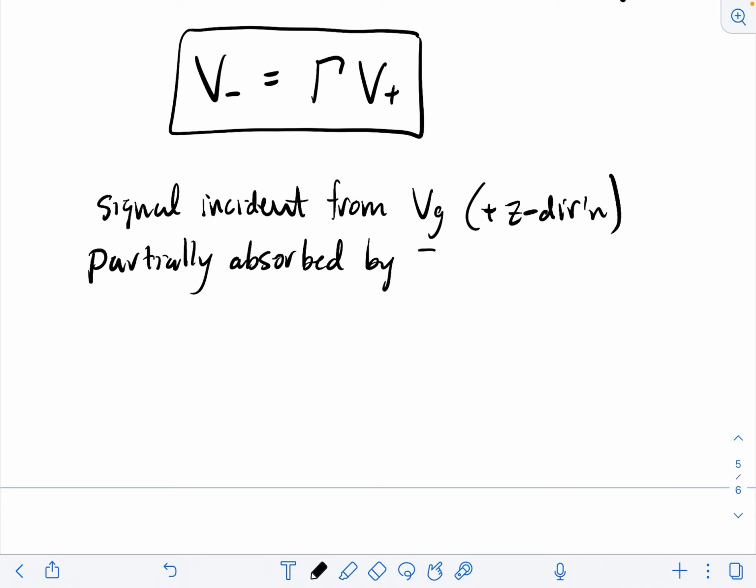So some of the signal is going to be absorbed and some of it is partially reflected, and that reflected signal is propagating in the minus Z direction.